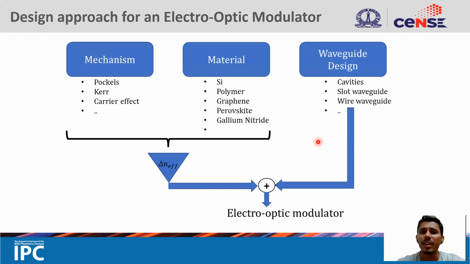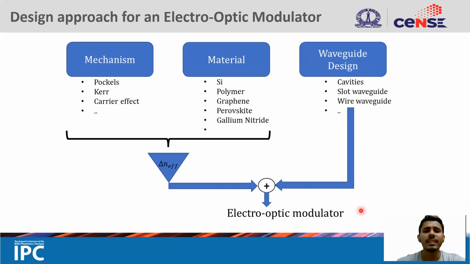Combined, they give a delta N effective, that is the change in refractive index. To maximize the impact of the change in refractive index, you would need efficient waveguide design. Combining these two, you get an efficient electro-optic modulator.